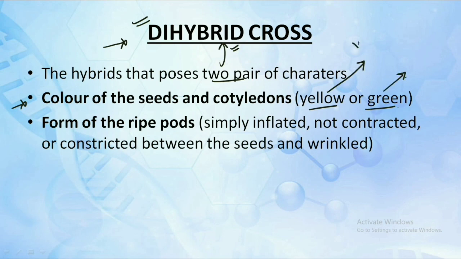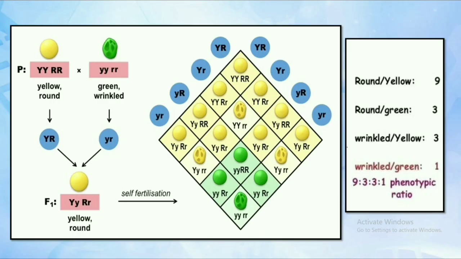The yellow is represented by capital Y and the green by small y. The form of the ripe pods is the second character, which is either inflated or wrinkled. I have explained this in detail in the previous video, so let's just quickly revise it.